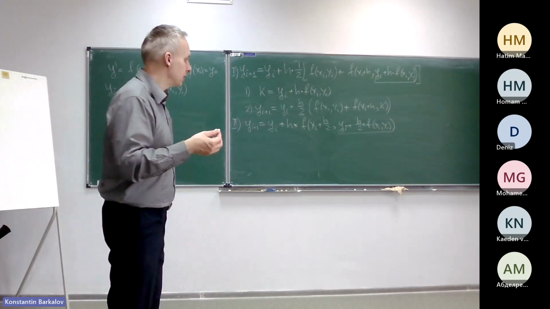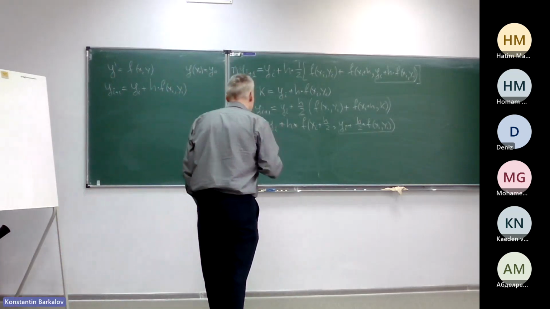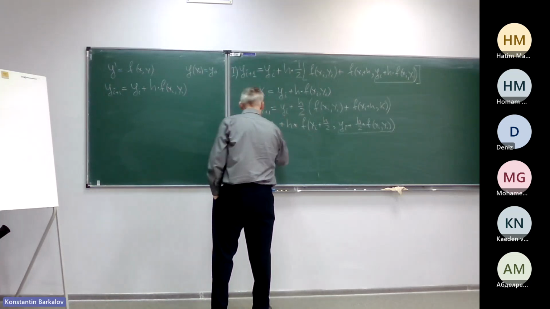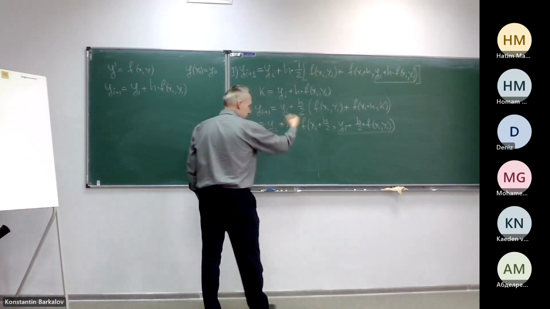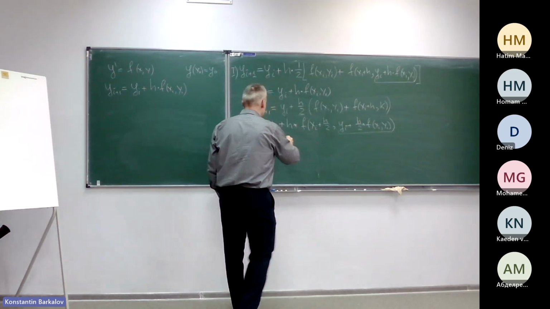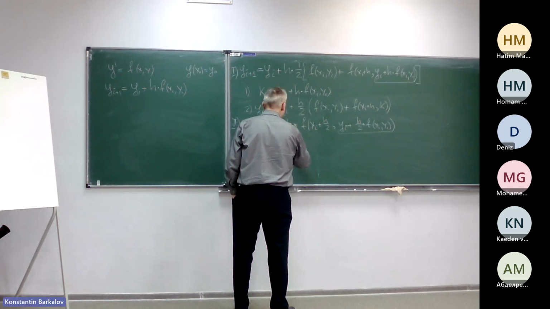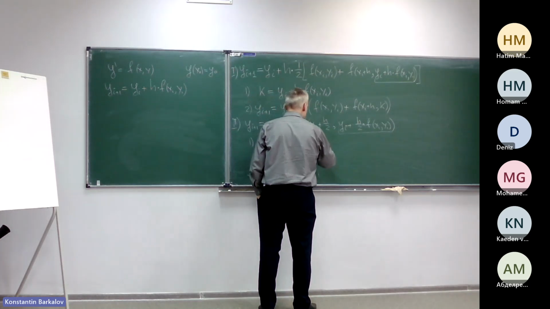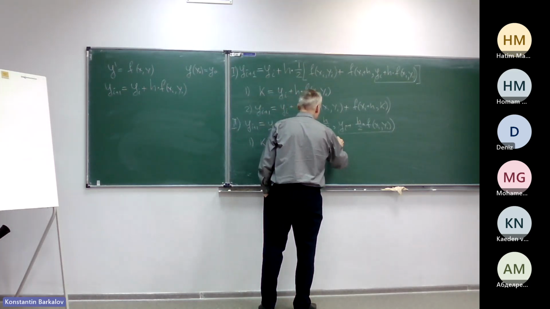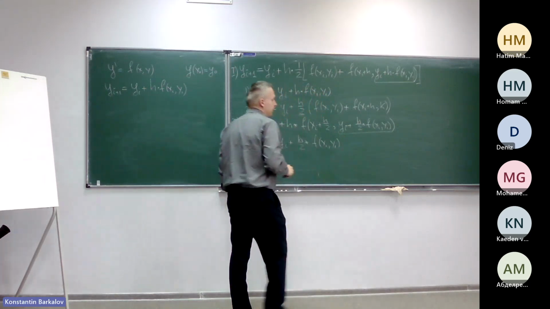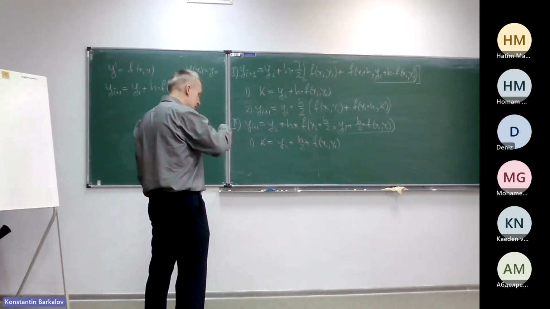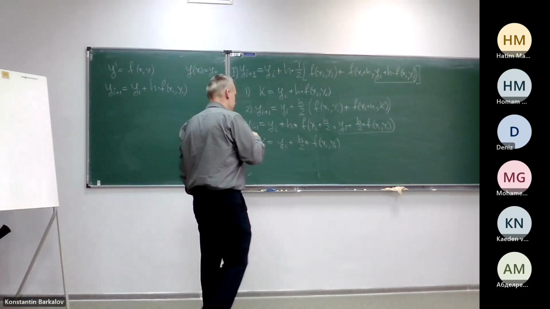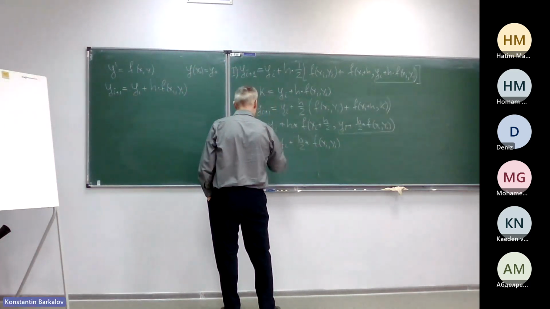The first step, we should compute again the value k, but we should use another formula: y_i plus h/2 times f of x_i, y_i. And after that, we should use this value in this large formula.